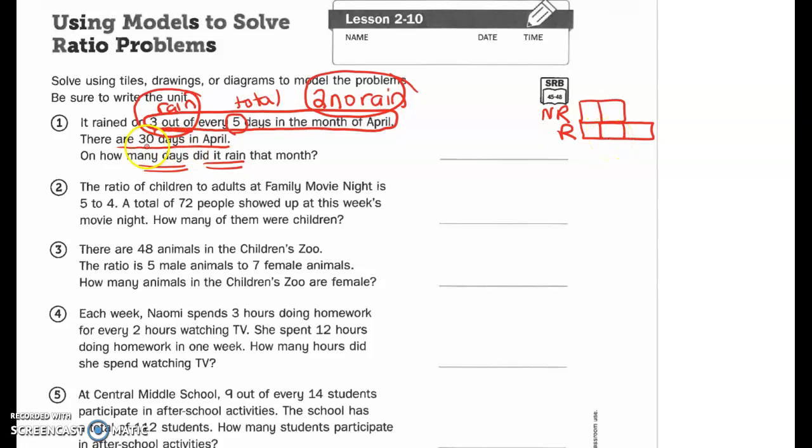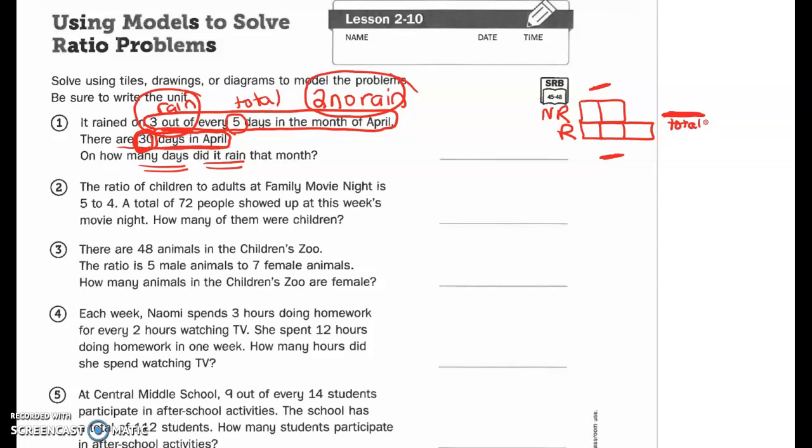All right, now we want to use the information that we were given. We were told that there are 30 days in April, and we're going to be able to solve our problem. So we always know that with tape diagrams, we need blank lines to get our total of rain days, our total of non-rain days, and then our big total, which would be the rain and the no rain days.